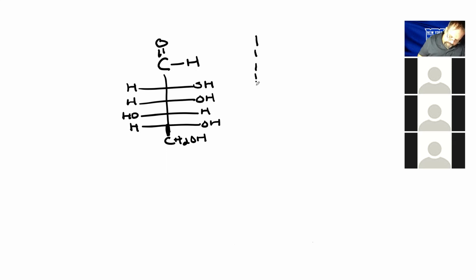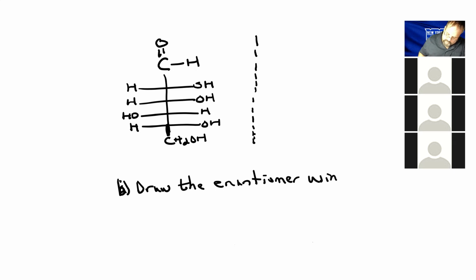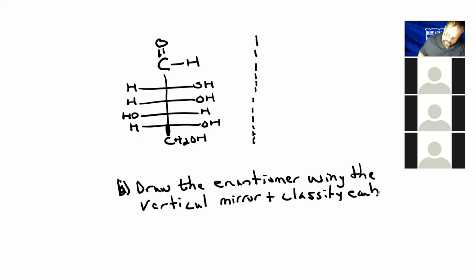All right, what do we want to do here? Well, we want to draw, and I guess we'll call this B, draw the enantiomer using the vertical mirror and classify each structure as D or L. Because remember, for basically all the monosaccharides except for a keto triose, they are going to exist as enantiomers.